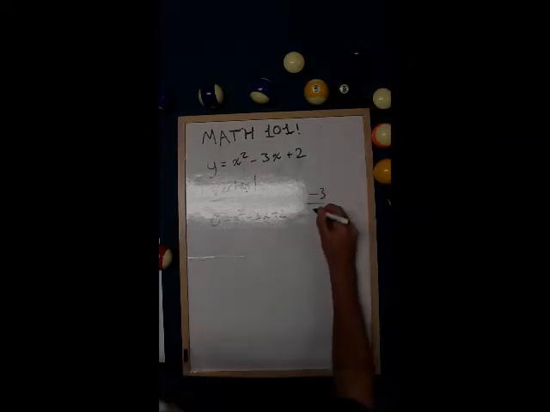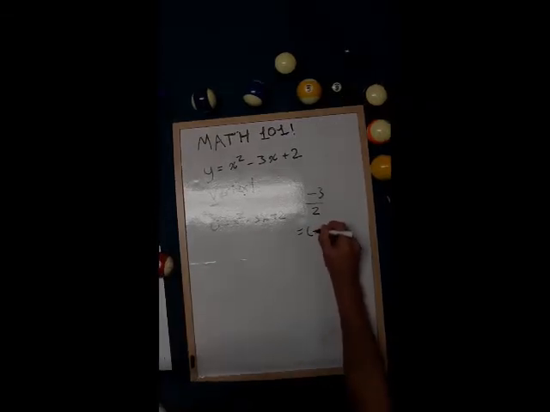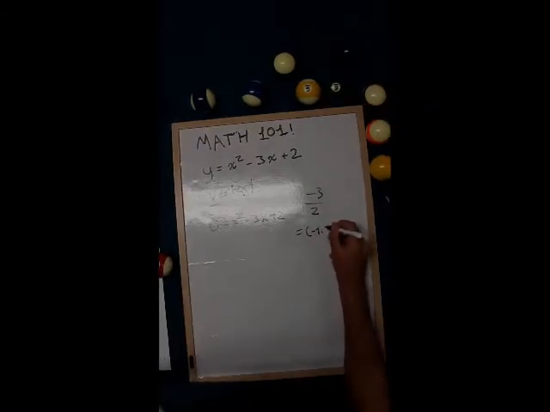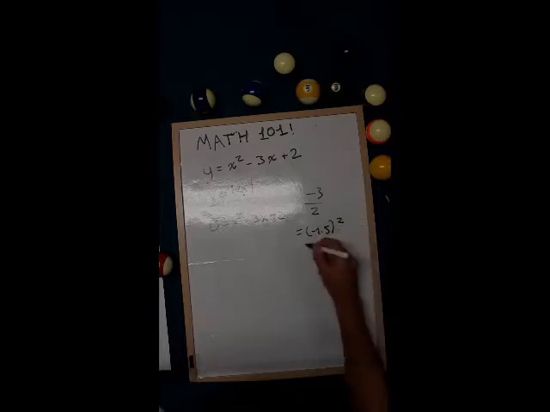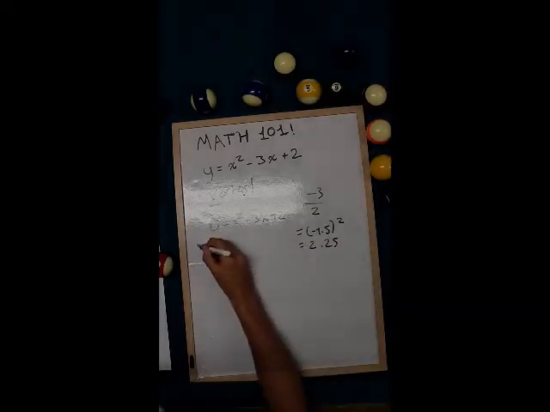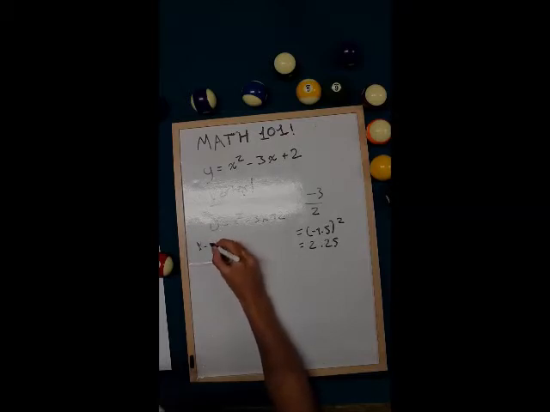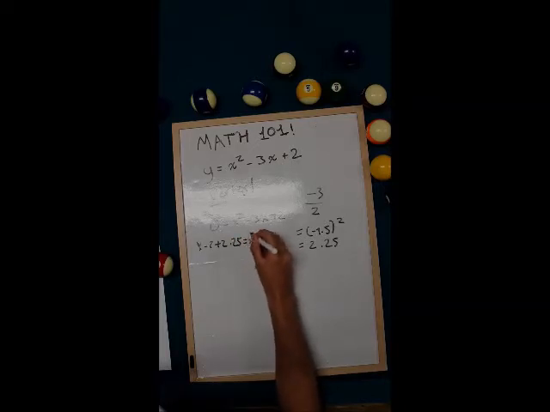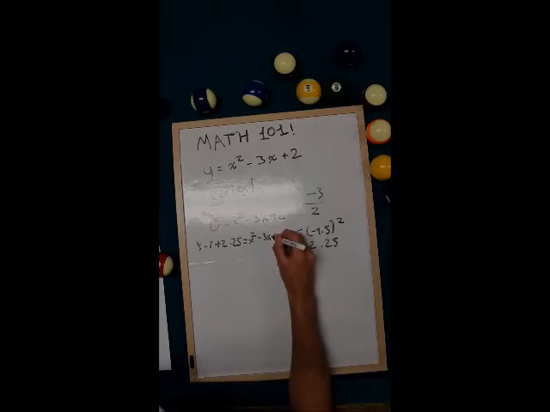So we use the b, which is this, and we divide it by 2, and then square it. So now we minus 2 from both sides. And we add 2.25 on each side.